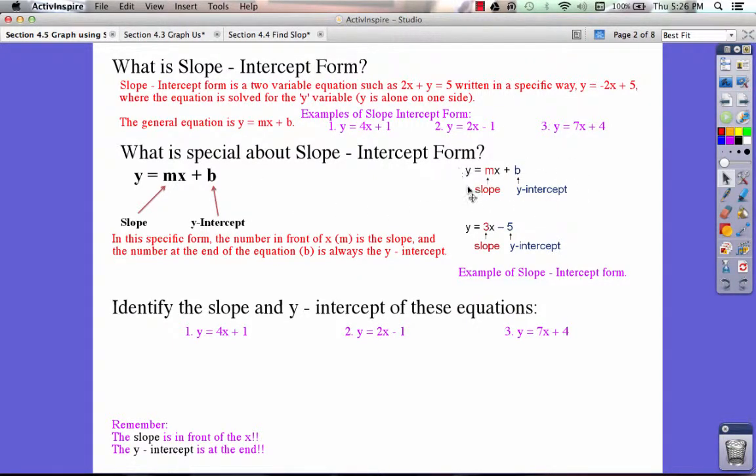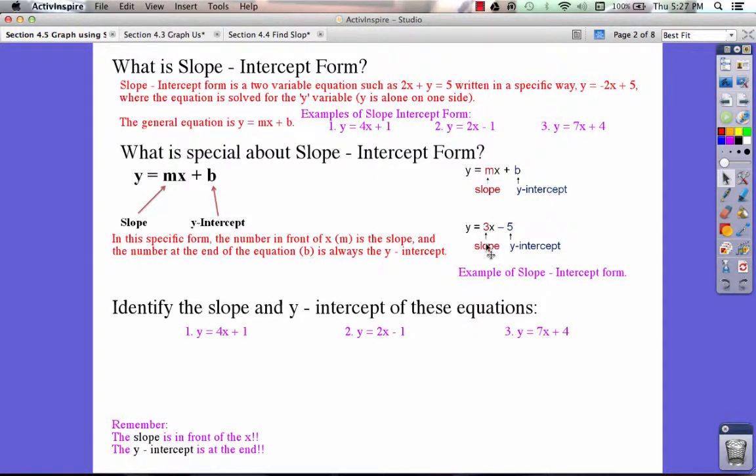So let's look at this. Y equals mx plus b. Well, we have y equals 3x minus 5. It's written in the same order as y equals mx plus b. Notice y equals, the 3 represents m, x, plus, minus, same thing. It doesn't matter if it's a plus or a minus sign. And then a number in for b.